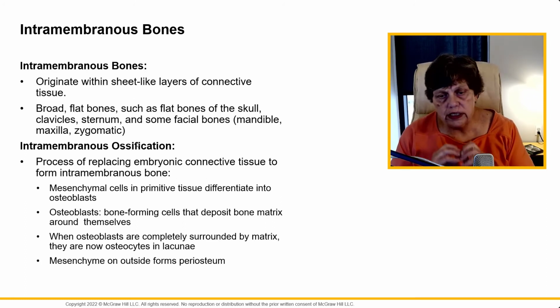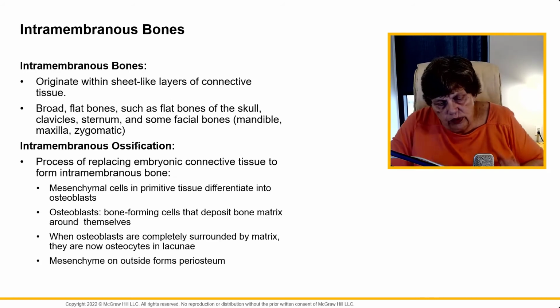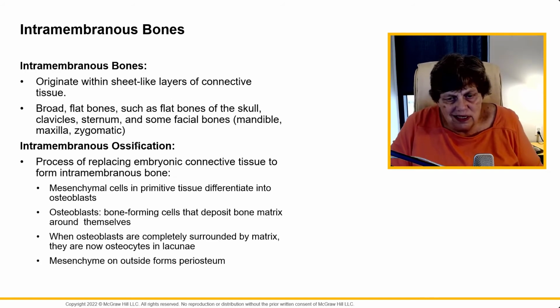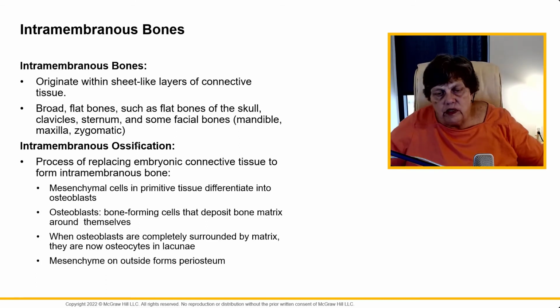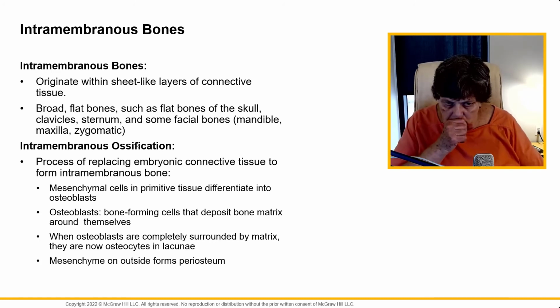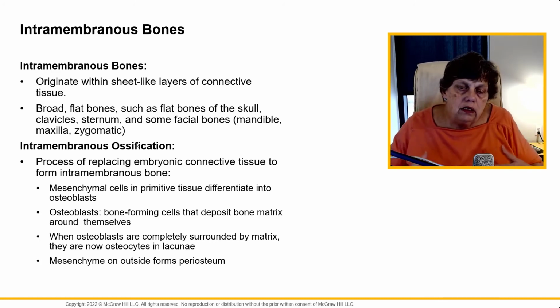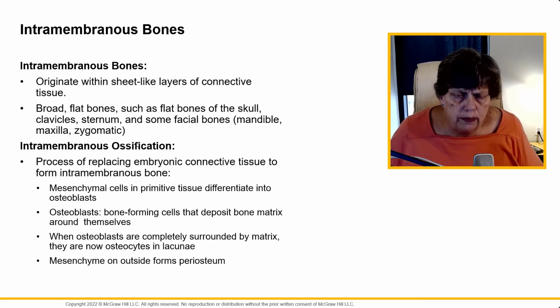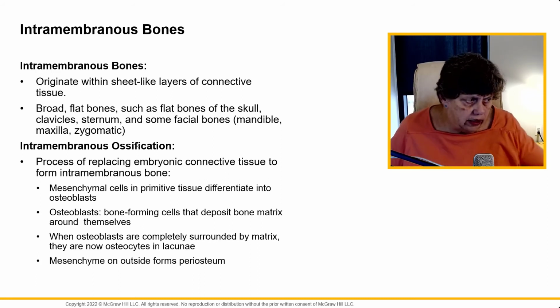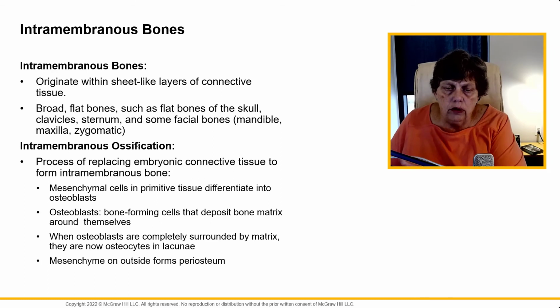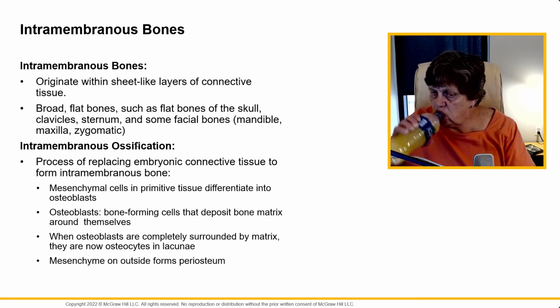The prefix in front of the word blast means this is what it's differentiated into. So we start with the very primitive cells, stem cells, and then as they begin to differentiate into whatever they're going to become, we put that name in front of it. So osteoblast means these are very early cells that are now going to become bones. Okay.